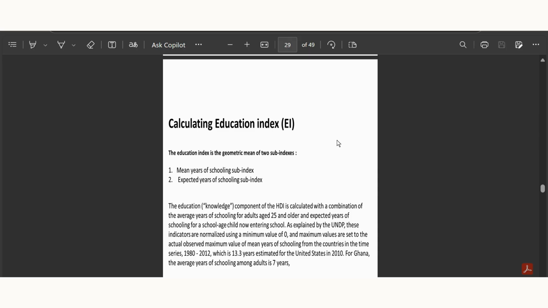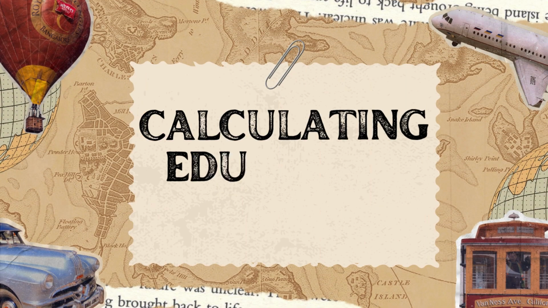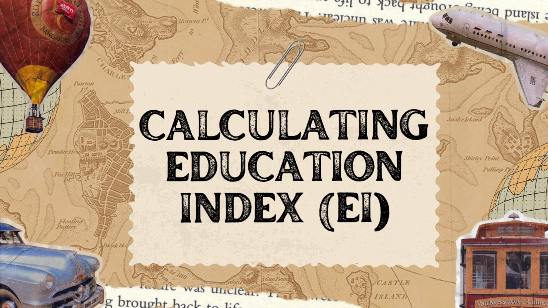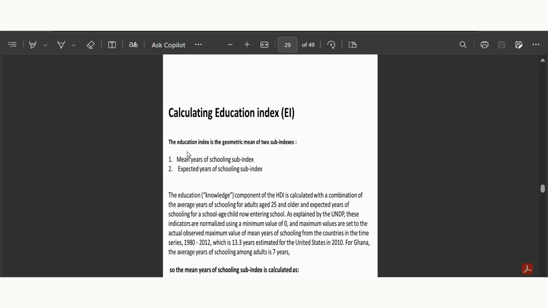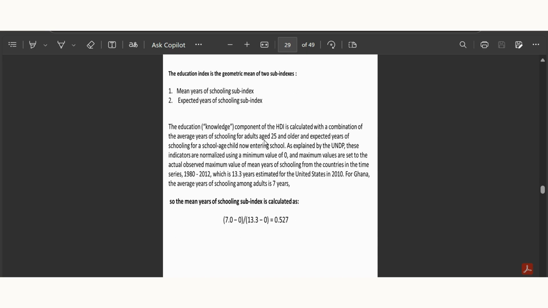Now let's talk about how to calculate the education index, or EI. The education index is the geometric mean of two sub-indices: the mean years of schooling sub-index and the expected years of schooling sub-index. The education component of the HDI is calculated with a combination of the average years of schooling for adults aged 25 and older and expected years of schooling for a school-age child now entering school.